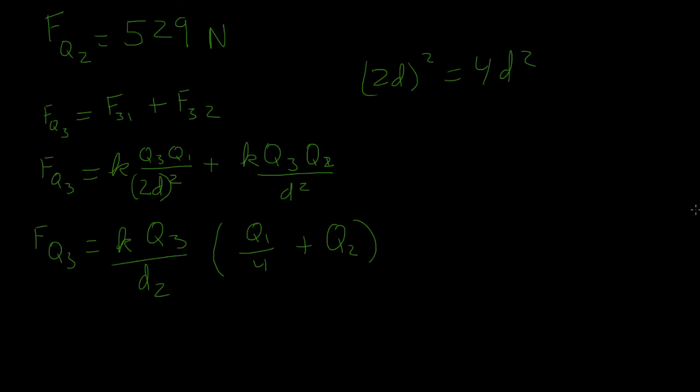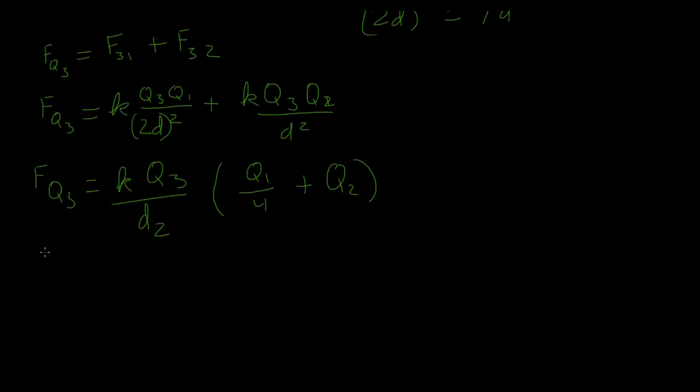Now we'll plug in the numbers. Okay, so K is 9 times 10 to the 9th newton meter squared per coulomb squared. And Q3, if you remember, was 80 microcoulombs. Now it was actually negative, but I'm not going to enter the negative this time based on the charge. I'm going to enter the negative only based on the direction.